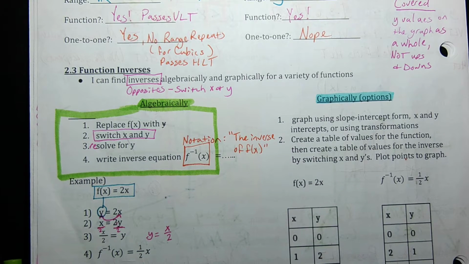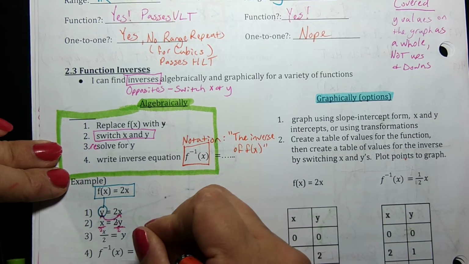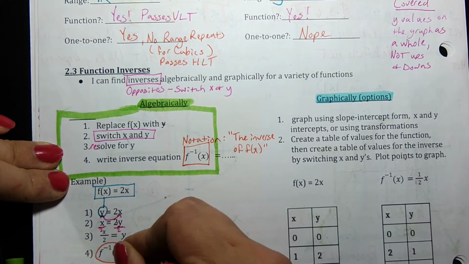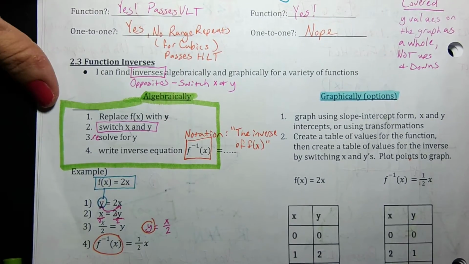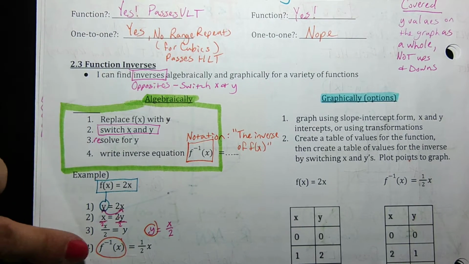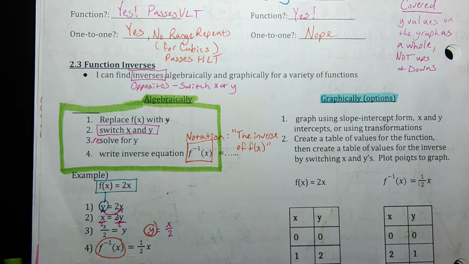And my final step is replacing the y with that inverse function notation that says, hey, this isn't just any old line. This is the inverse or the mathematical opposite of this line that we started with. So notice that they have 1/2 x.